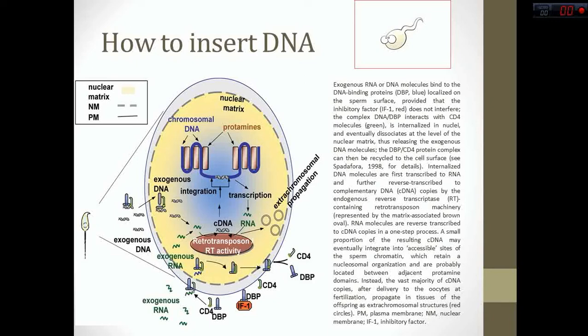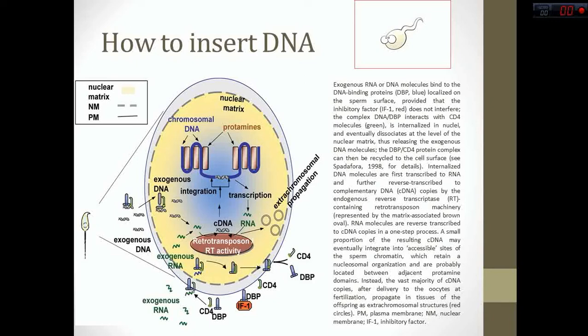Here we have to define three different important things. DBP proteins, or DNA binding proteins, are located in the sperm cell membrane, and they are responsible for recognition and binding of the exogenous DNA molecules to the sperm cell membrane at the cell head, in the subchromosomal region in the proximity of the equatorial area.